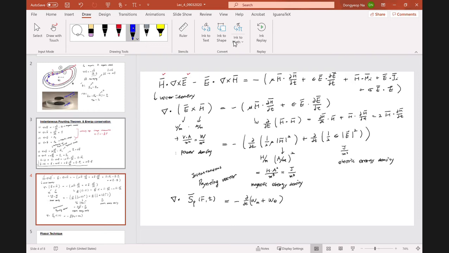And then we are very familiar with this mathematical formulation. Let's recall the charge conservation. You can write it in this way.